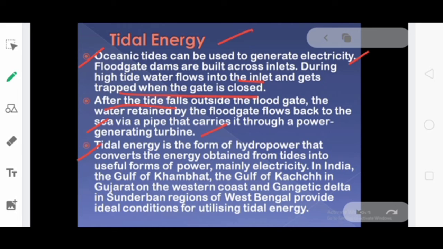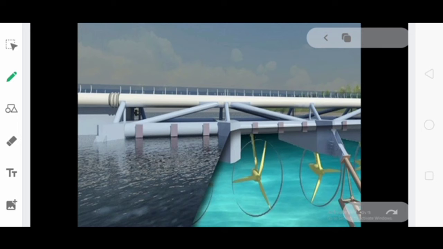Tidal energy is a form of hydropower that converts the energy obtained from tides into useful forms of power, mainly electricity. In India, the Gulf of Khambhat, the Gulf of Kutch in Gujarat, on the western coast and the Gangetic Delta in Sundarban regions of West Bengal provide ideal conditions for utilizing tidal energy. Here we can see the picture of the tidal energy plant.